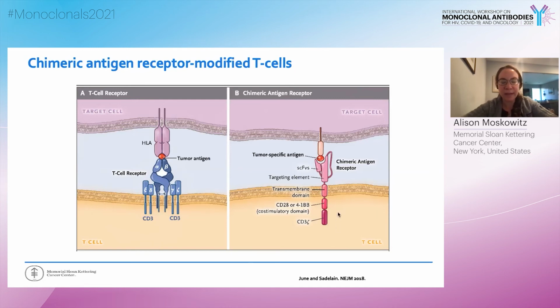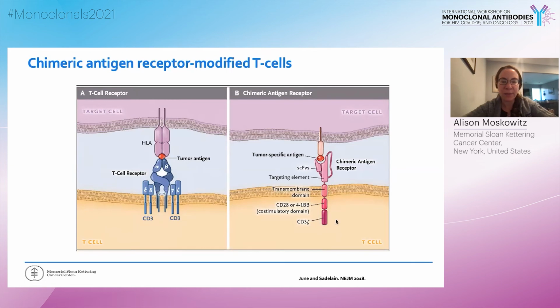And the chimeric antigen receptor has been designed to have some of the important features of the T cell receptor. It has the region that will recognize the tumor antigen, but this region is developed from the variable region of an antibody. And then that is bound to a transmembrane domain.